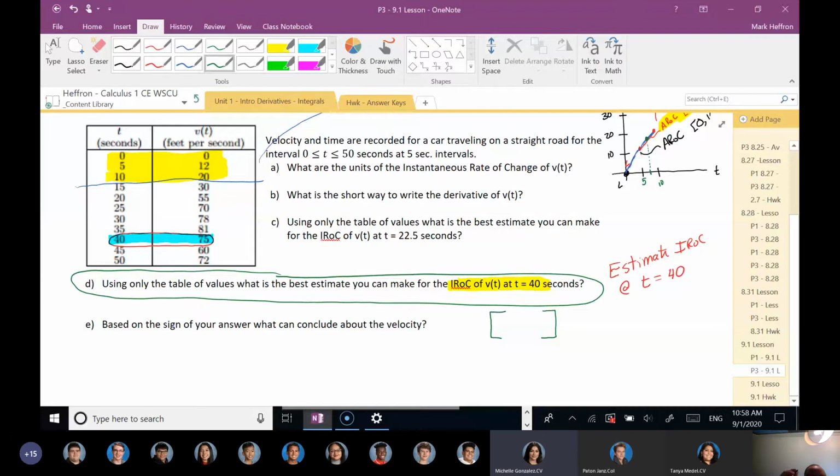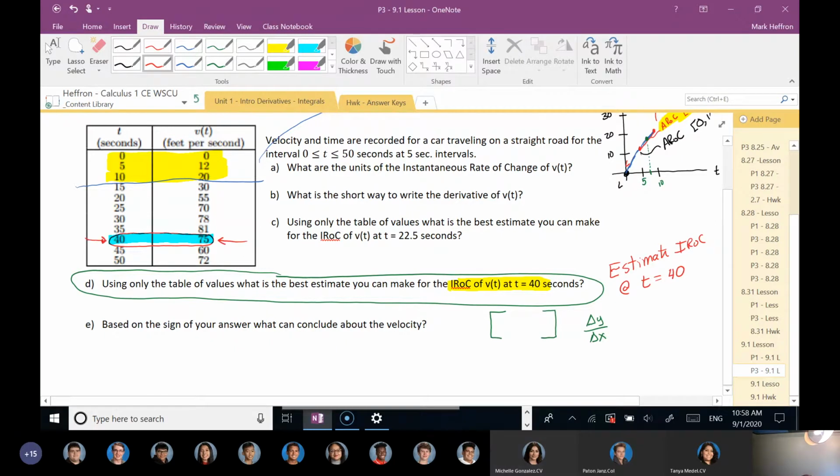So what does IROC mean? Change in Y over change in X, right? Yeah. Okay. So what is the change in Y that we want if we want to know what's happening right at 40?